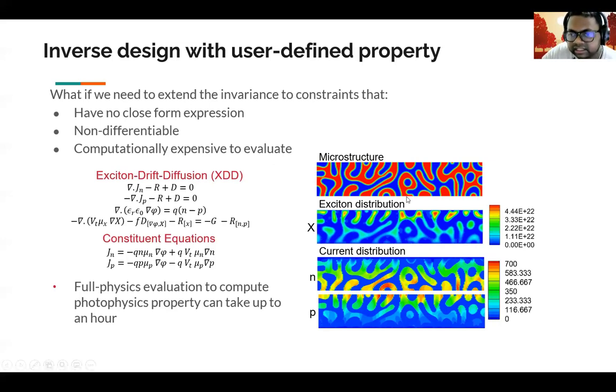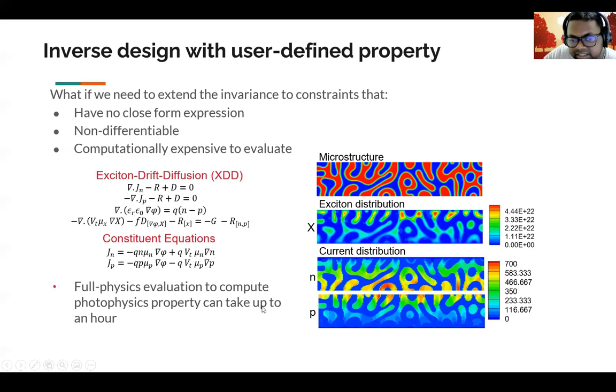In other words, in the case of the same organic photovoltaic cell design, the microstructure relates to the current and the exciton distribution in the microstructure, and hence giving a particular current and voltage property for each microstructure. And this whole physics is governed by the excitonic drift diffusion equation with the following constitutive equations.